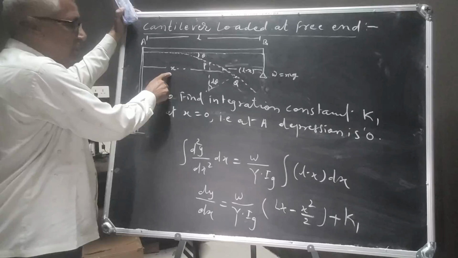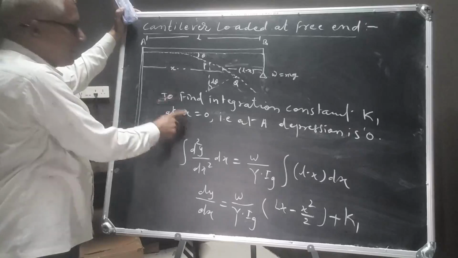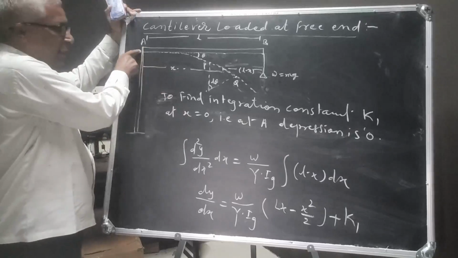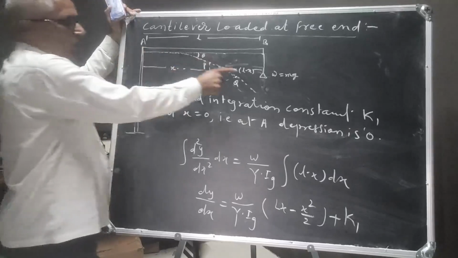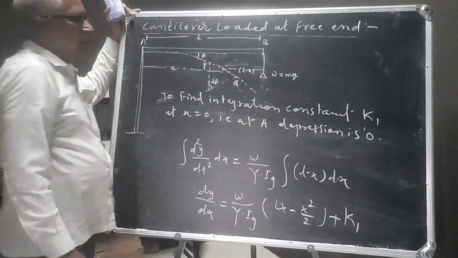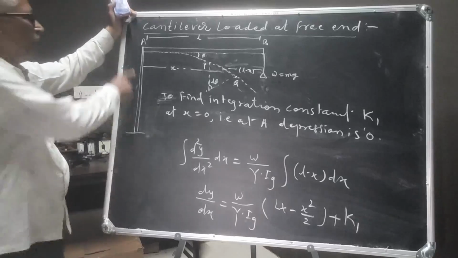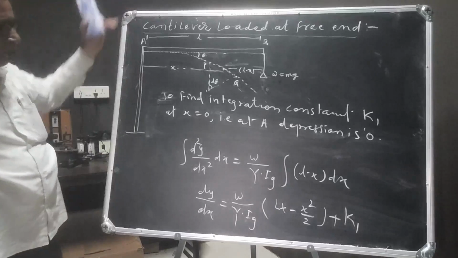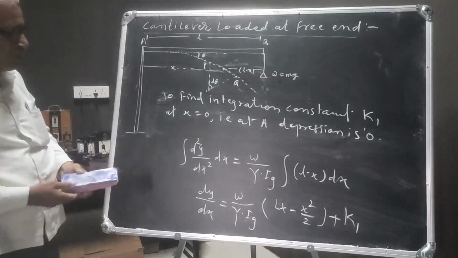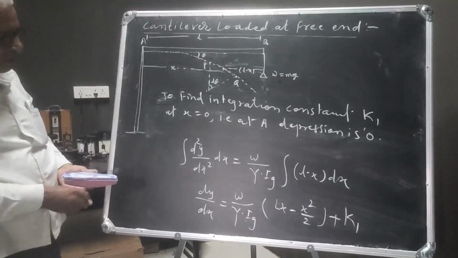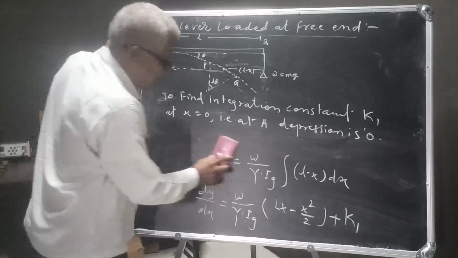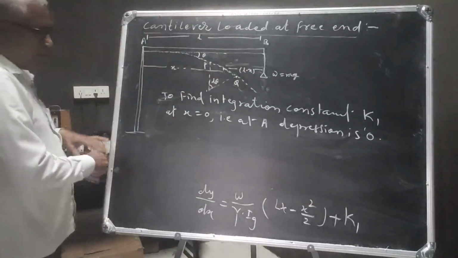So x equals 0 means the depression at A, when the load is suspended at its free end, is 0, and therefore we put x equals 0 in this equation, then we get the value of k1.